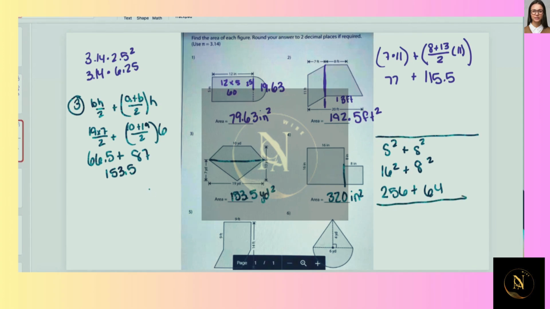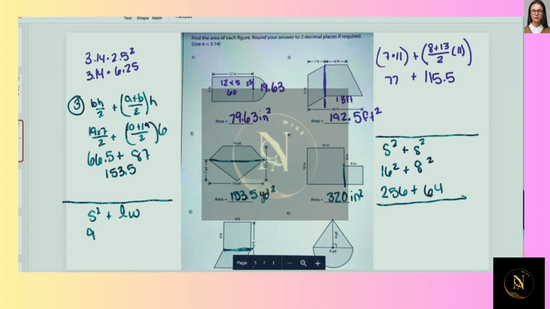Okay. Now for the last 2. I have a rectangle, or actually I have a square, so side squared, plus a parallelogram, so length times width.